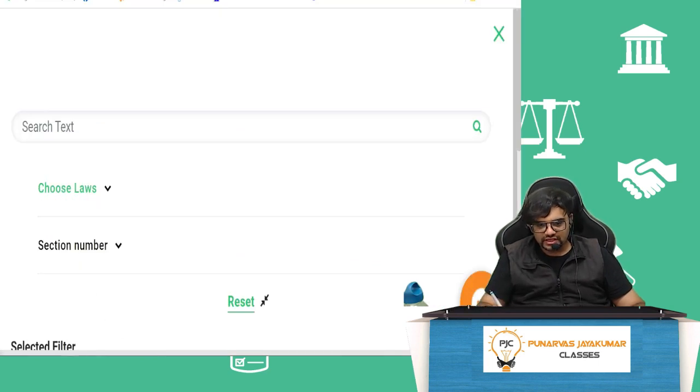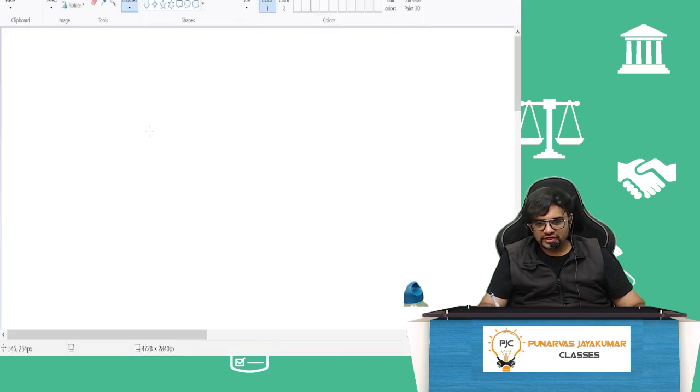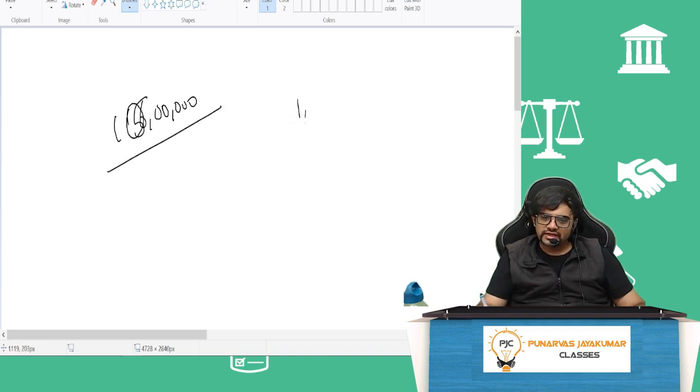Because of the basic exemption limit and all that which you had seen in Inter, if you are, for example, earning 6 lakh rupees, 5 lakh rupees, or let's say you're earning 10 lakh rupees, and your tax is, for argument's sake, let me make it 1 lakh.